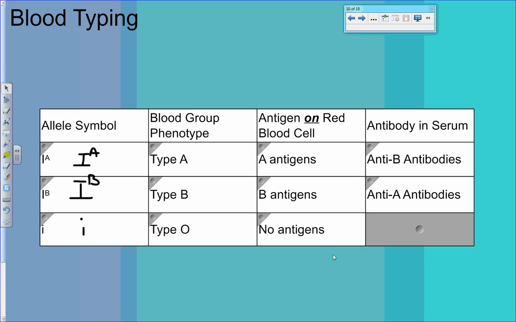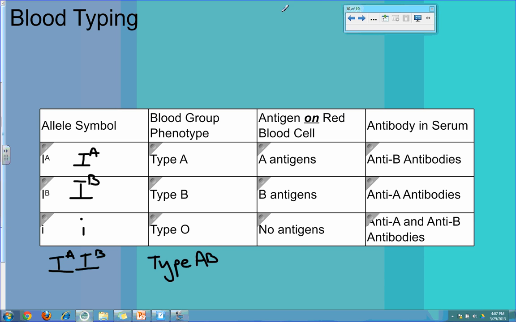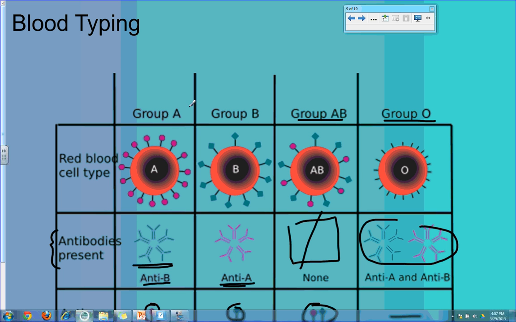Think about it. If IA causes A antigens and IB causes B antigens, type AB blood has to have both alleles. So if we go back to this diagram up here for these blood groups, group A, they could be IA IA, that would be one genotype that would give you A blood, or they could be IA, little i.